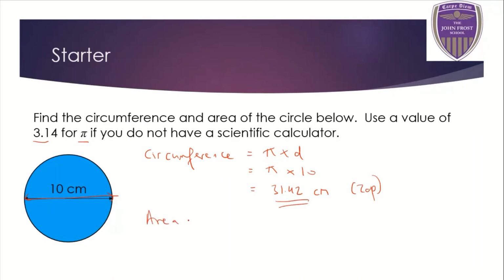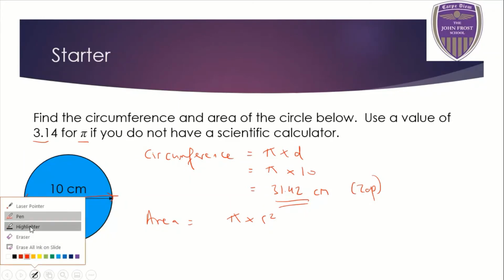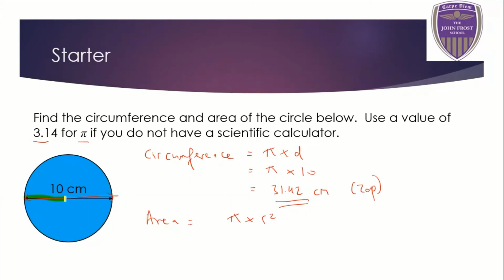The area is pi times the radius squared. Remember now, the radius is halfway across. So the radius is only halfway across here. I hope we can see that the radius of this circle is not 10, it's 5, because half of 10 is 5. So I have to do pi times 5 squared, okay?